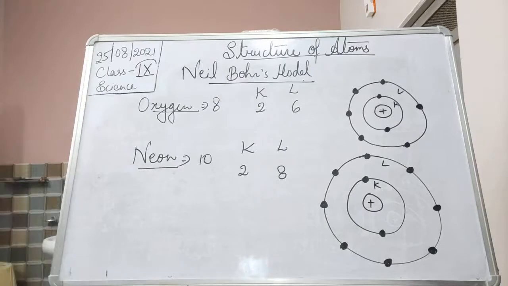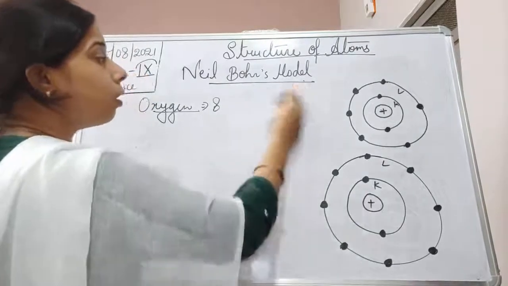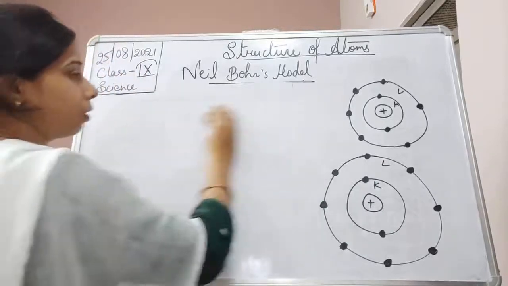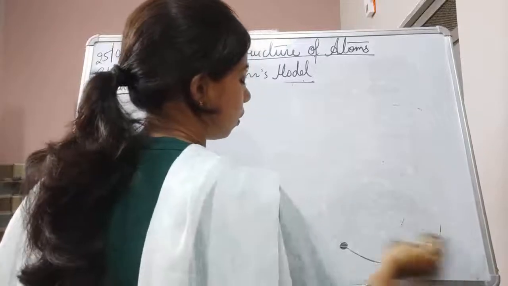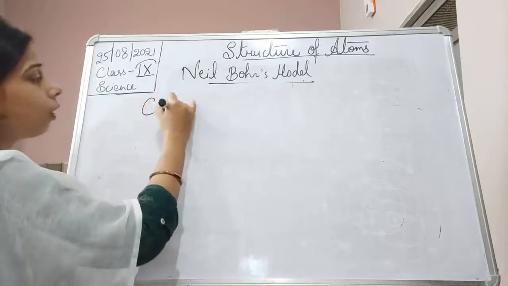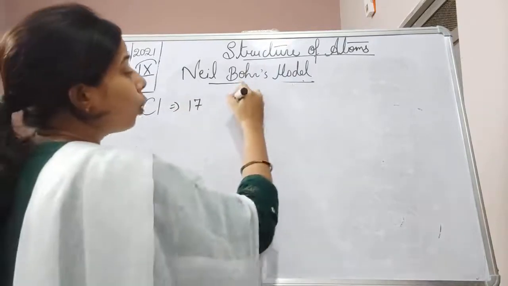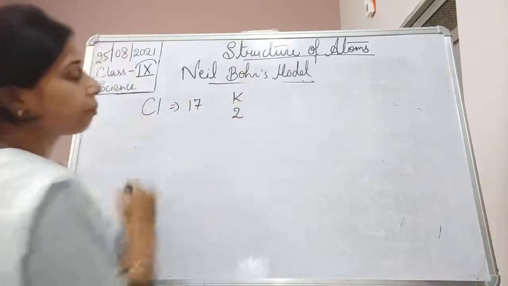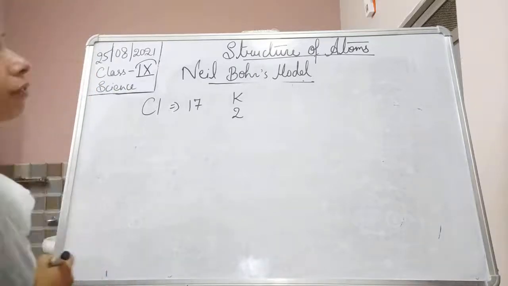What happens afterwards, students? Electrons will start entering into the M shell. Taking an example like that of chlorine. Chlorine's atomic number is 17. So 2 electrons will enter into the K shell. Now how many are left? That is 15.